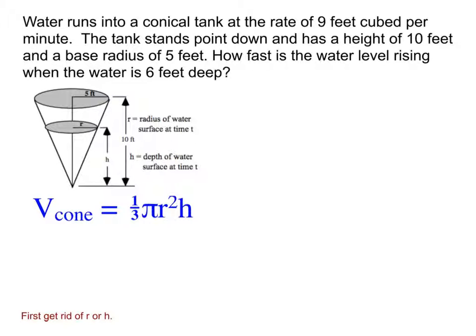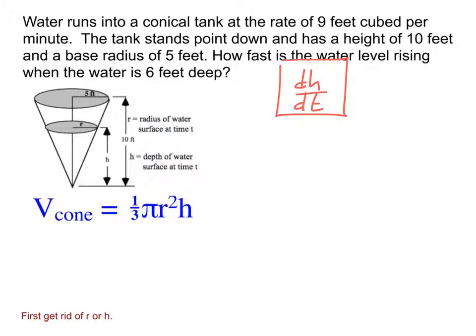So, remember the problem that we just ran into was that I ended up with both dr over dt and dh over dt in my final equation. Now I do want dh over dt in my final equation because that's what I'm trying to find. But I don't want dr over dt in it.